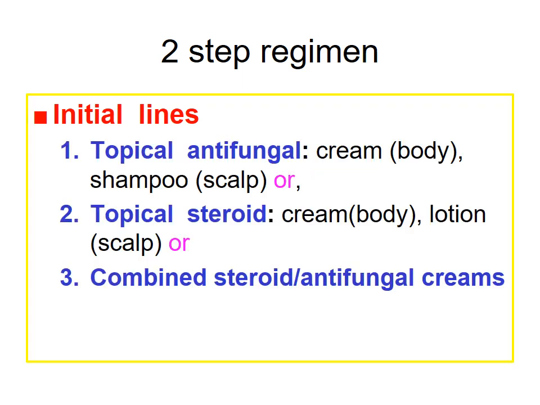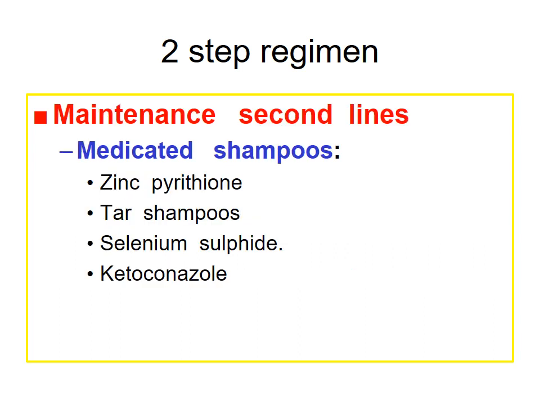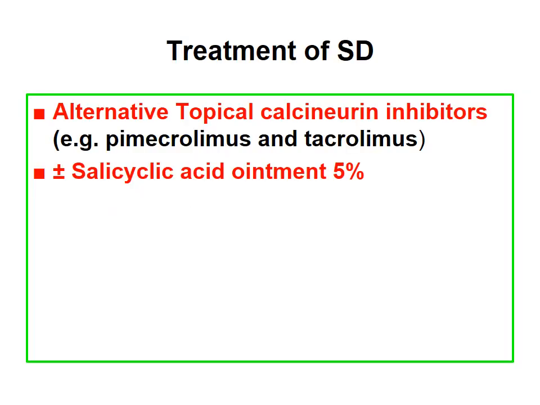There is a two-step regimen of treatment: initial lines and maintenance lines. Initial: topical antifungal, topical steroid, or a combination of both. After control with the initial lines, you can maintain your control with medicated shampoos like zinc pyrithione, tar shampoo, selenium sulfide, or ketoconazole.